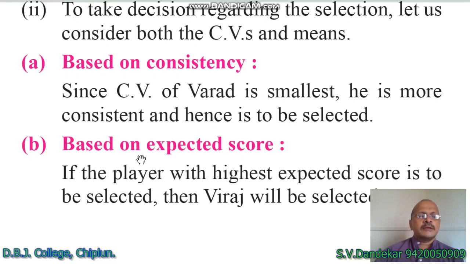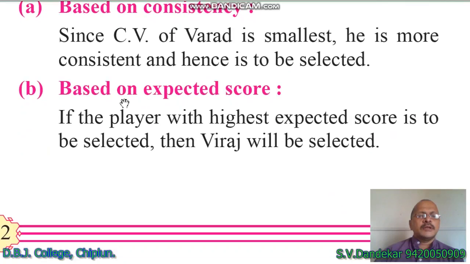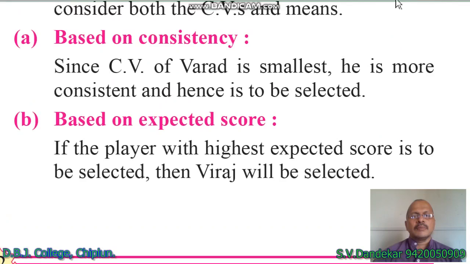And if we are expecting the score, then based on expected score, if the player with highest expected score is to be selected, then Viraj will be selected because his average x2 is greater. Hence, one has to take the decision according to the situation needed. If we are considering only the consistency, then Varad is best, and if we are considering the expected score, the highest average is of Viraj, hence he will be selected.